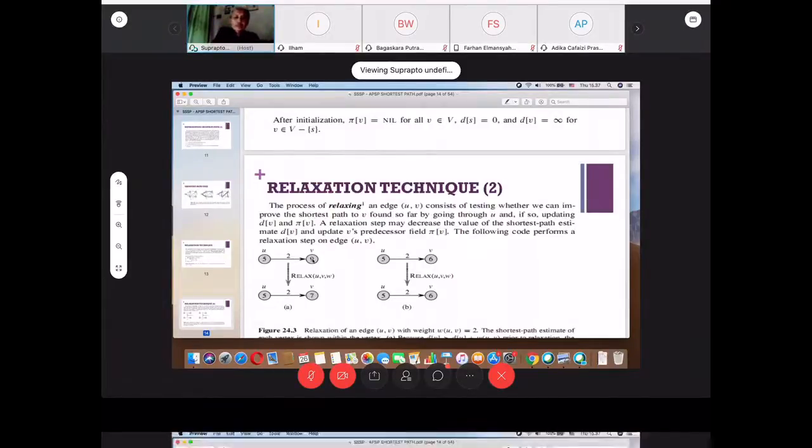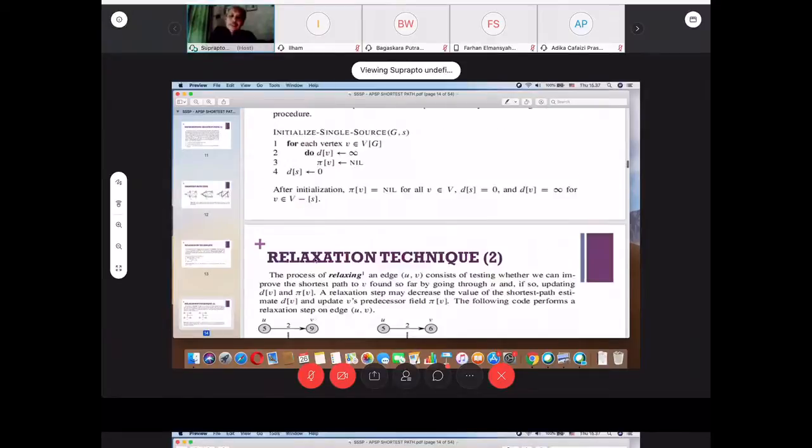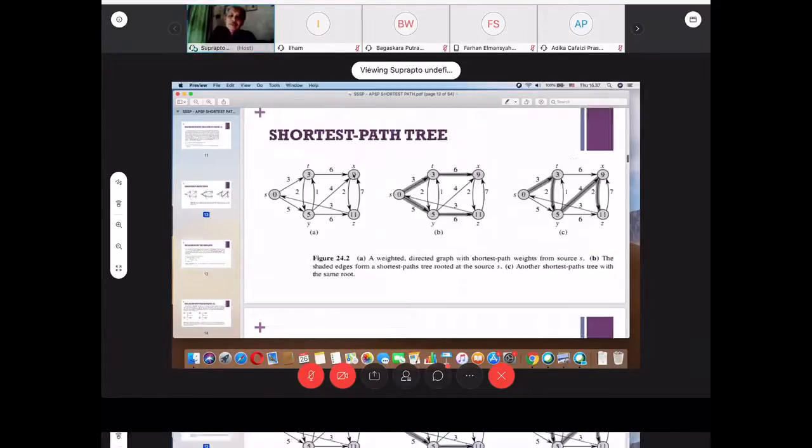How about this value, the value inside the circle of each vertex? Anyone? Like in the illustration before, the value inside the circle of each vertex.